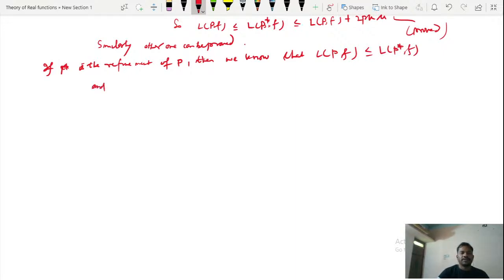and if P star is any partition, then L P star f is always less than UP star f. That means for any partition P star, a lower Darboux sum is always less than its upper Darboux sum.